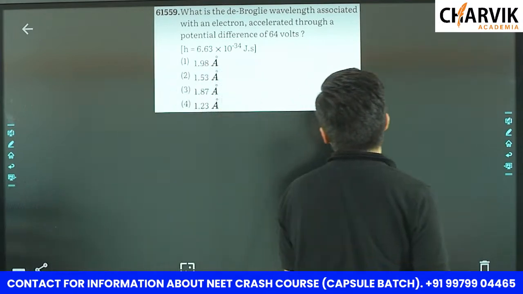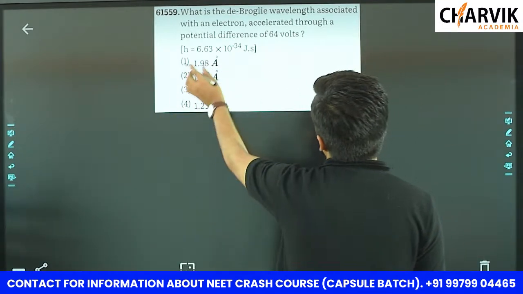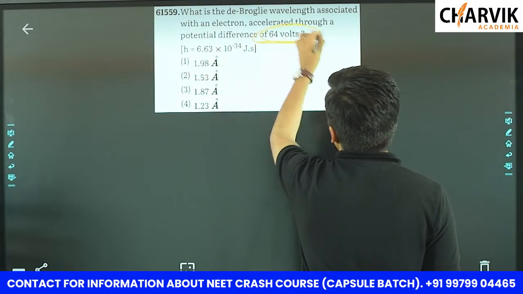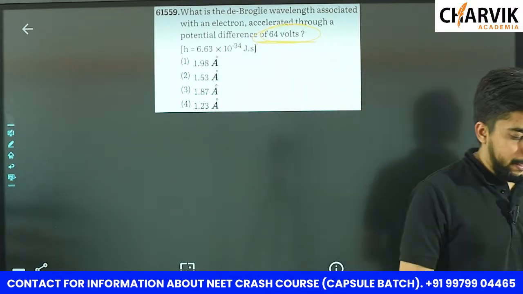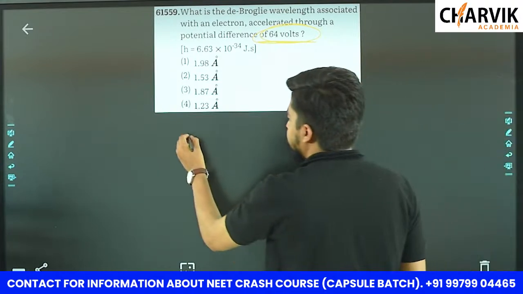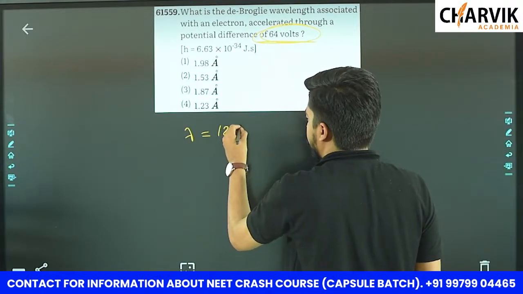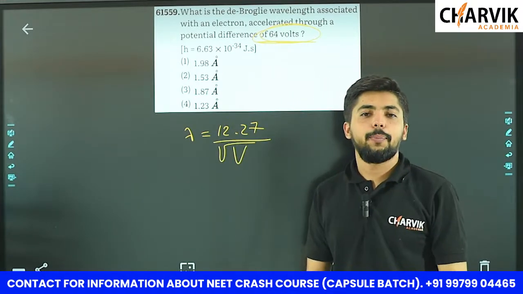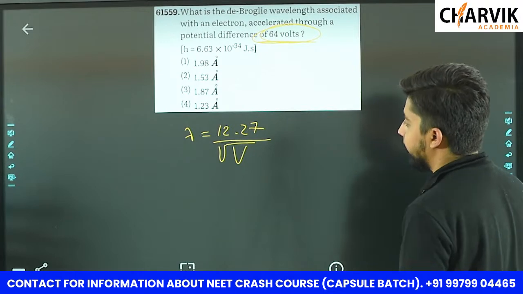What is the de Broglie wavelength associated with an electron accelerated through a potential difference of 64 volts? The formula for that becomes lambda equals 12.27 divided by the square root of the potential, and the potential's value is given in the question, which is 64.